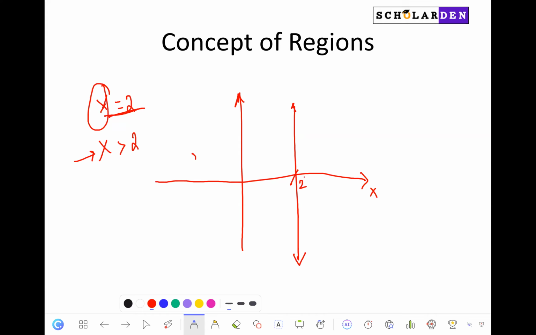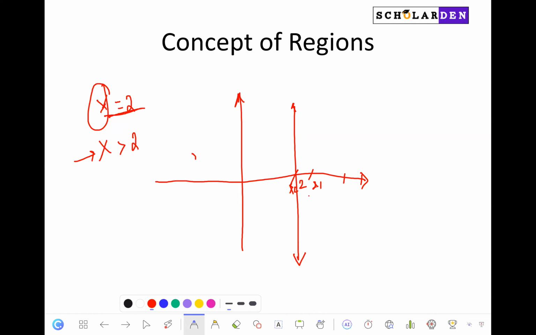Okay, so over here, any point to the right has x greater than 2. So this is 2.1. Maybe this is 10. Extend this further. Maybe this is 1,000. Just numbers. But the point is that once we start moving right of x is equal to 2, all those are going to be greater than 2.